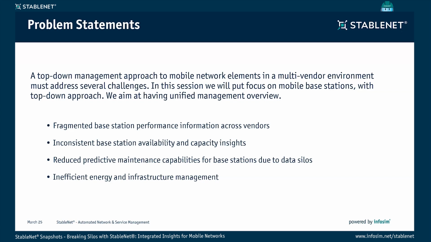You lack the real-time insights into which base stations are underperforming or are at risk to fail. It's quite difficult because each of those vendors can have vendor lock-in and a very isolated vendor data system. So without that data, you're not able to deploy AI-driven predictive maintenance.